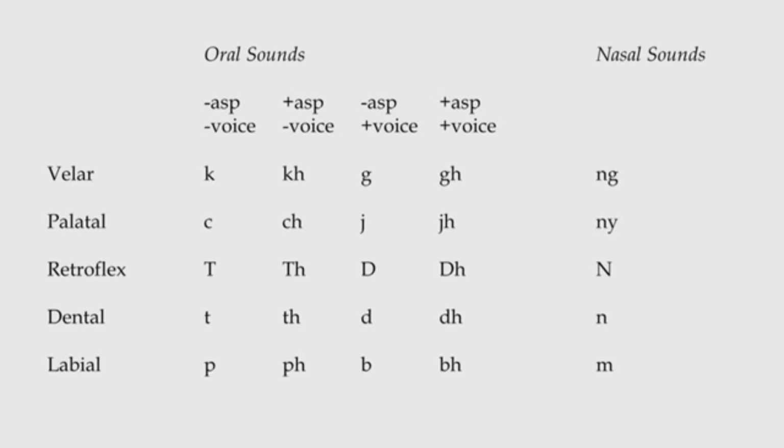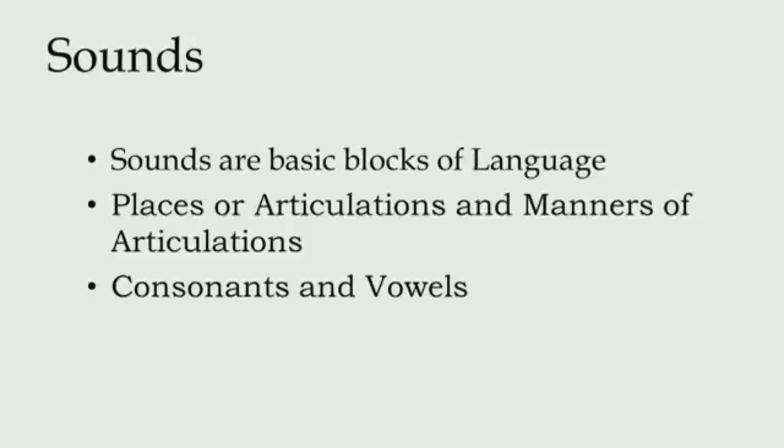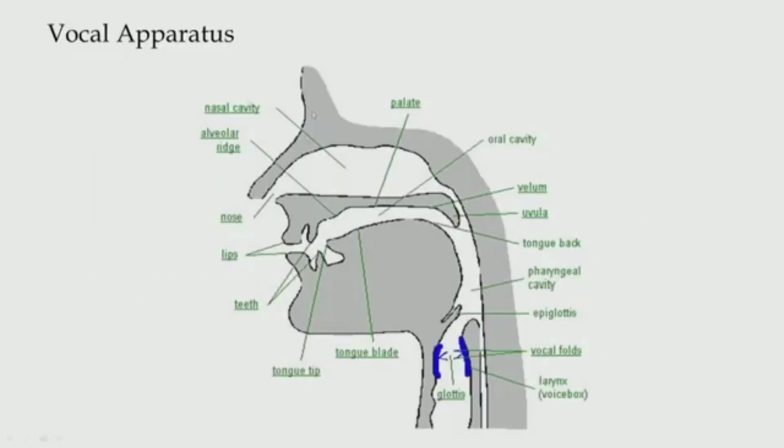So keep these 4 sounds in mind: ka, cha, ta and pa, that are velar, palatal, dental and labial. And let us see this picture again. The place of articulation for ka is this, velum.